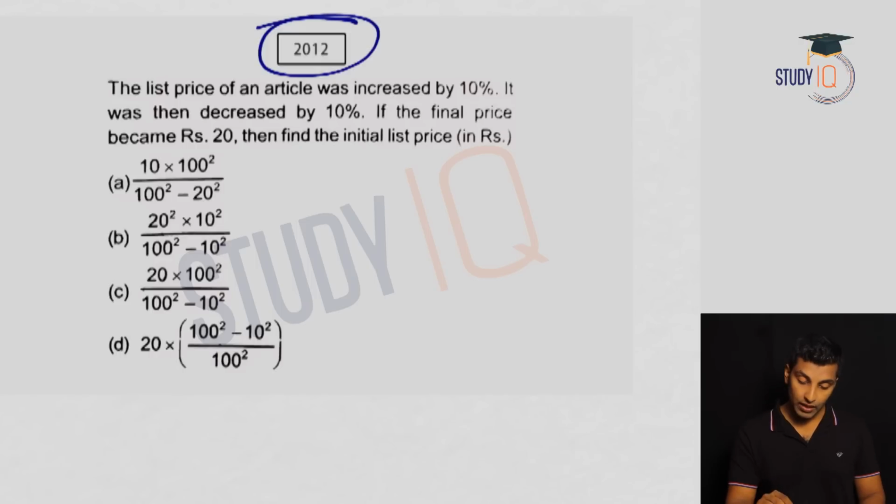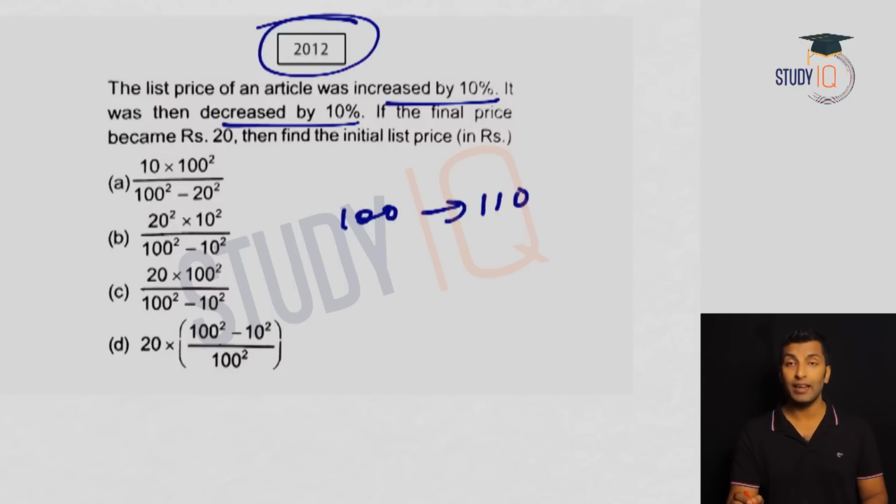See, this kind of question, what is given? Increase by 10% and decrease by 10%. So basically, if it was 100, increase by 10% means 110. Then decrease by 10% means minus 11. So 110 minus 11 is what you need to do. Effectively it will become 99.